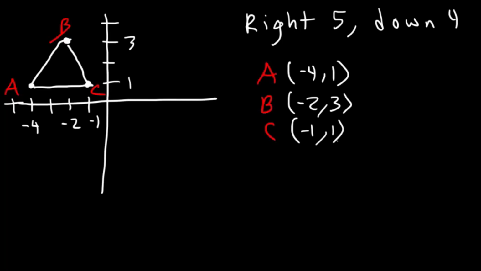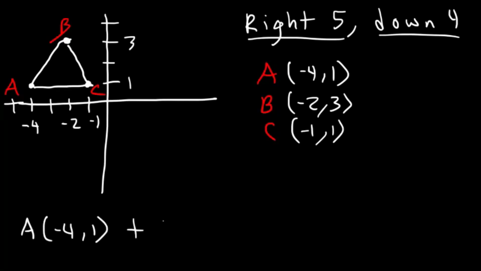Now, to find the points of the new figure, we need to add 5 to the x values because the graph is going to be shifted 5 units to the right. And then we need to subtract 4 from the y values. So this is the original point A. It's -4, 1. We're going to add 5 to the x value and subtract 4 from the y value.